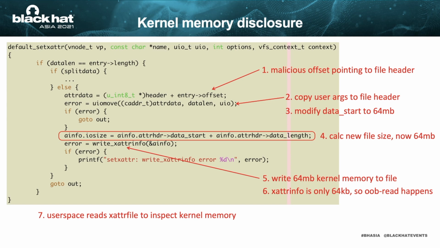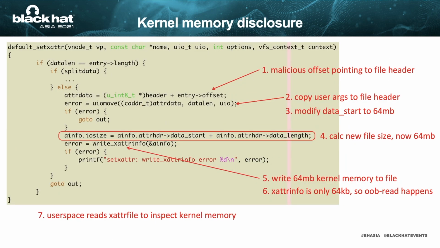I can change any of them to increase the size of the file, for example to 64 megabytes. Write xattr info will follow our instructions and write the same amount of memory to the file.